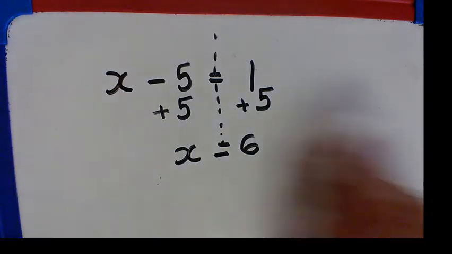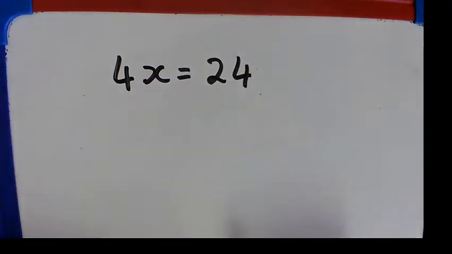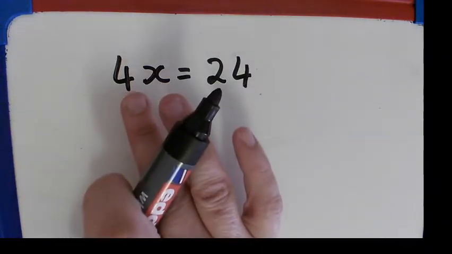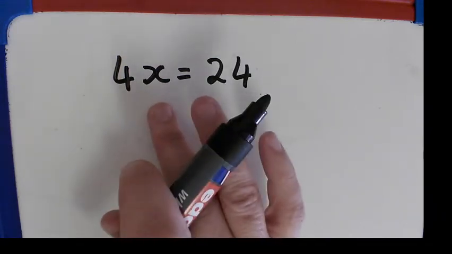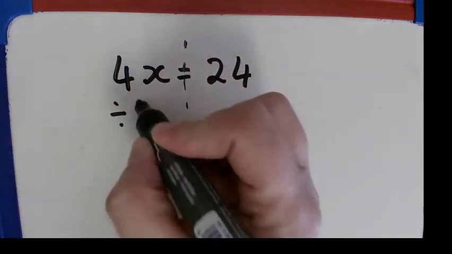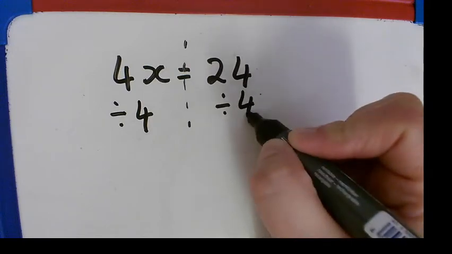Right, let's try another two. So if I have 4x is equal to 24. Now what you've got to remember is 4x means 4 times x. So how do you undo a times? Well, the opposite of timesing is dividing. So what we're going to do is divide this side by 4, and then divide this side by 4.